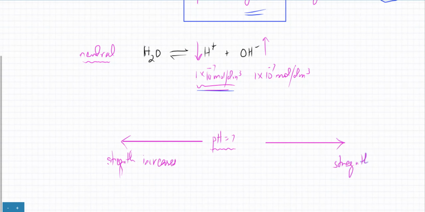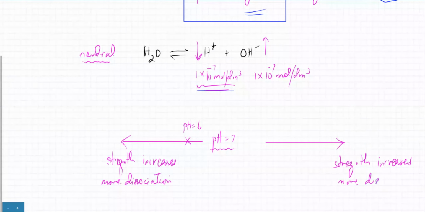And what we mean by strength is the amount of ions or the amount of dissociation. Like if something dissociates less, then the pH would be around 6 or 7. In our question, we were given a value of pH 6. Strength increases, more dissociation, basically. And on this side, as the strength of bases increases, there's going to be more dissociation, more ions in the solution.